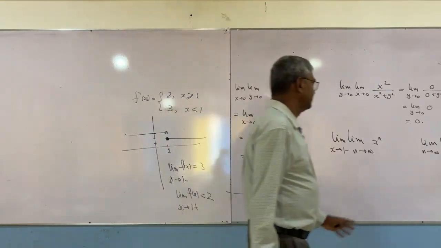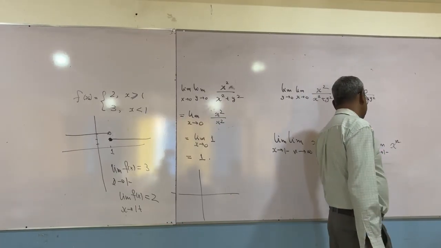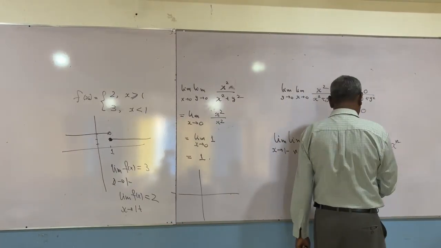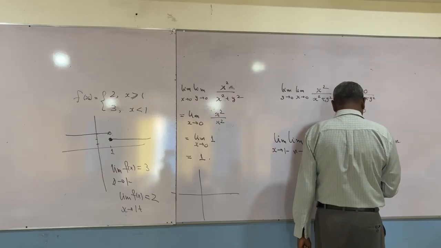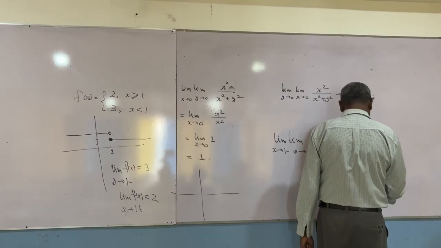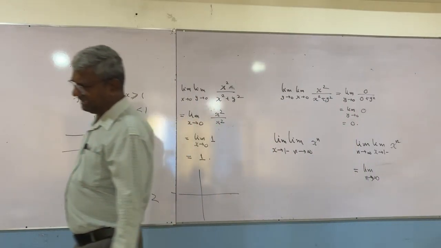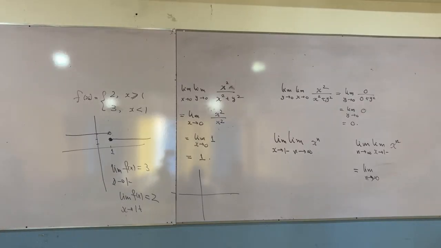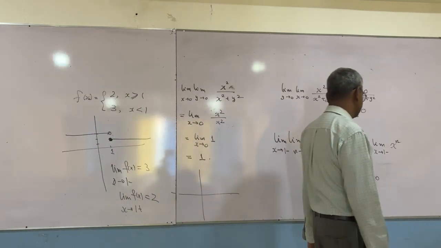Over here, the limit of x to the n as x tends to 1 minus. What is the answer here? It equals the limit as n tends to infinity. What is the limit of x to the n as x tends to 1 minus? 1.